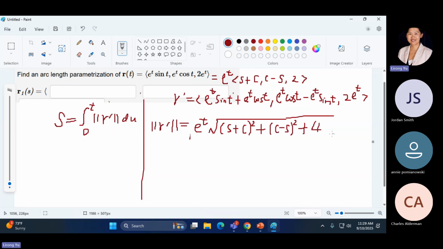All right, so now we can see the difficulty. There's sine, there's cosine, there's stuff. So realize this is sine squared plus cosine, actually equal to what?